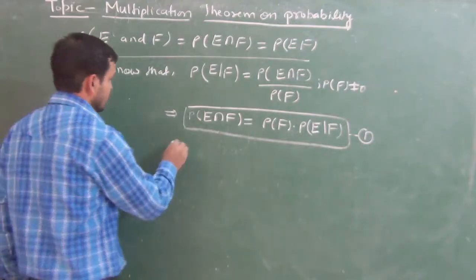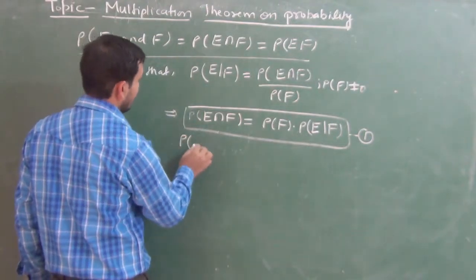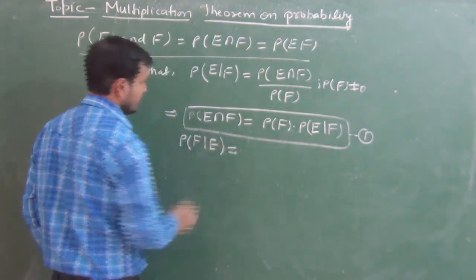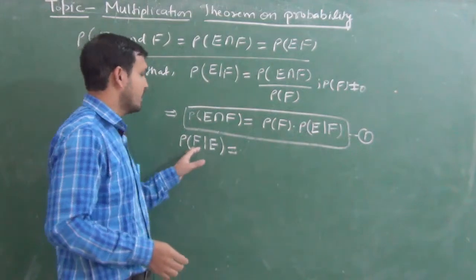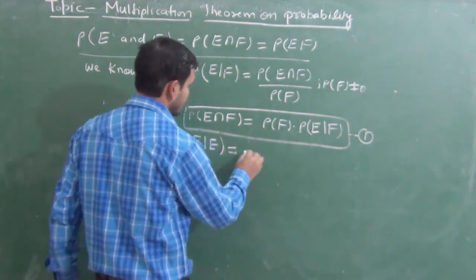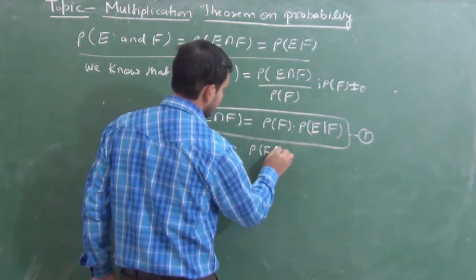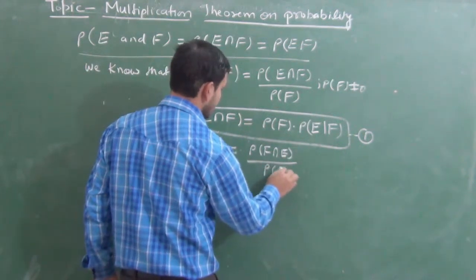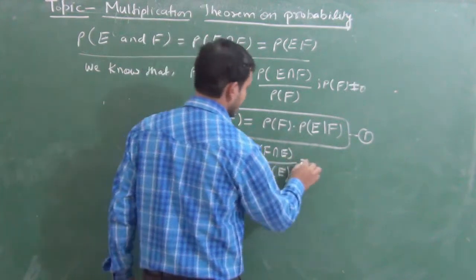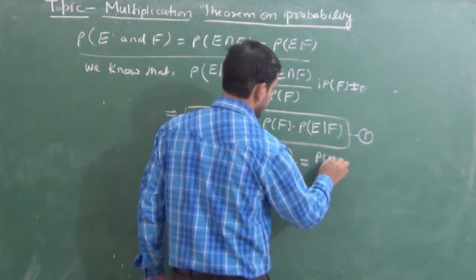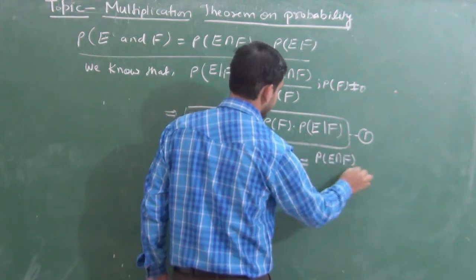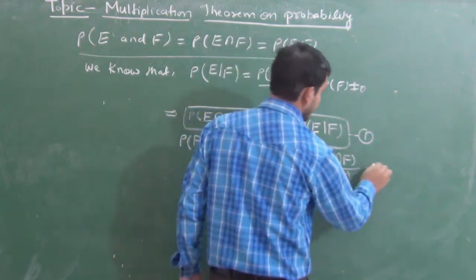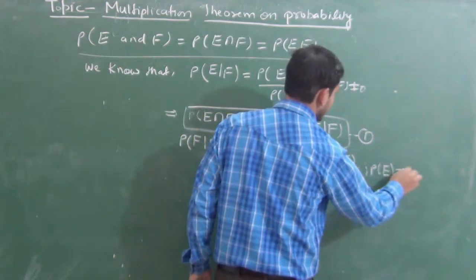Now we also know that probability of F slash E, or probability of F when E has occurred, is equal to probability of F intersection E upon probability of E, and this can also be written as probability of E intersection F upon probability of E, provided probability of E should not be equal to 0.